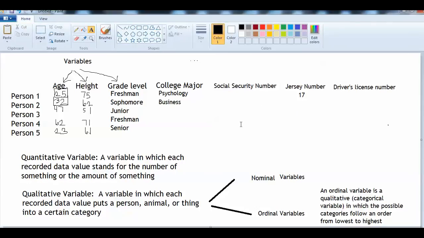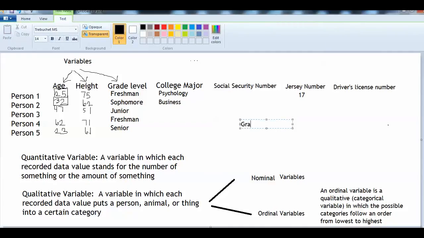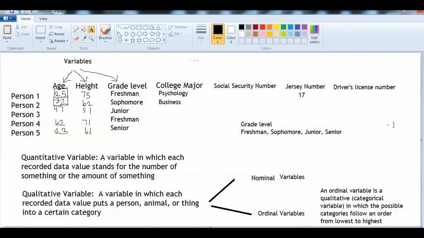You have, well, at least in college, freshman, sophomore, junior, and senior. The possible categories follow an order from lowest to highest. So it's an ordinal variable. Socioeconomic status.